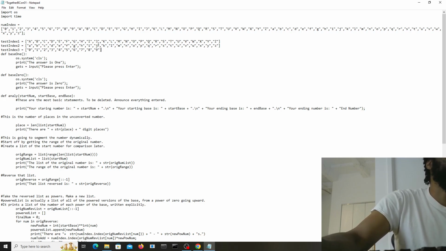J is the 10th number, so there's 10 integers right here because they line up with the J. So I'm not missing any numbers. I'm not missing anything.